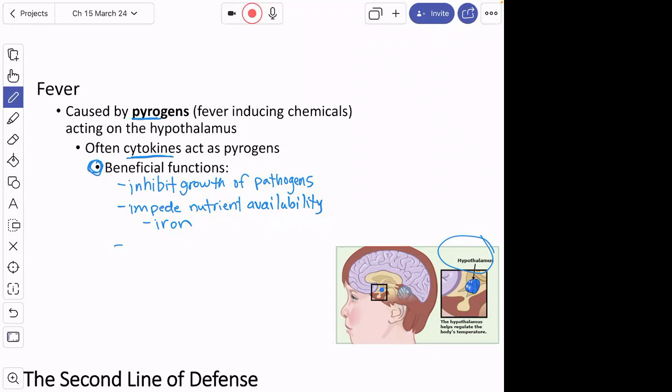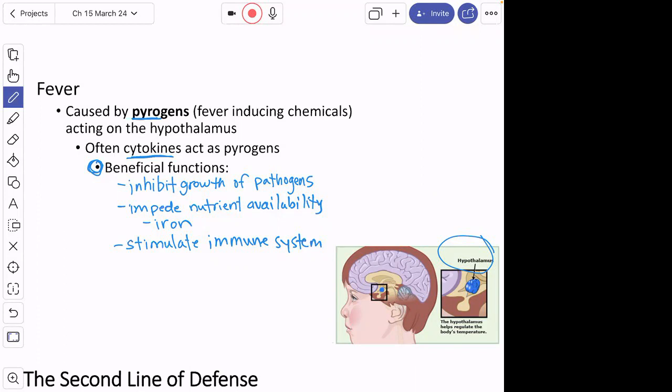We do know that it tends to stimulate our immune system. Okay, so when you have higher temperatures, you typically have faster reactions, again, up to a certain point.